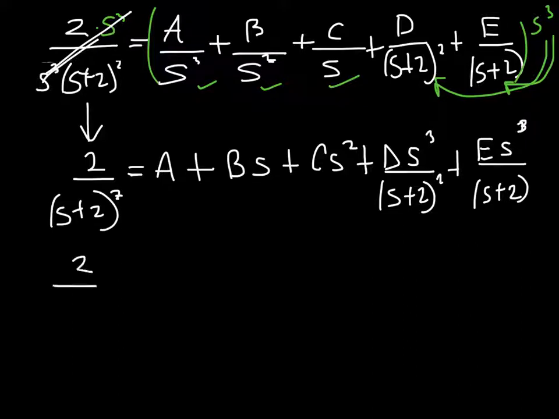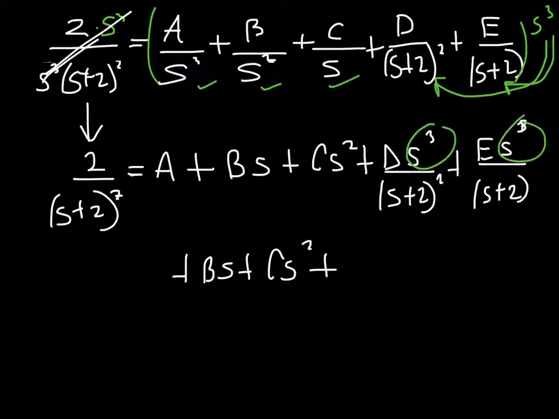So this guy is the same, equals, okay, so that's squared. I don't like how that looks. That's squared. And this is all the same, Bs plus Cs squared. And I can factor out an s cubed, because I can.